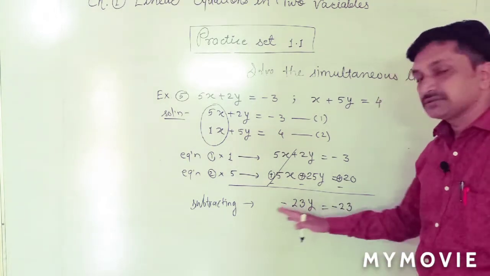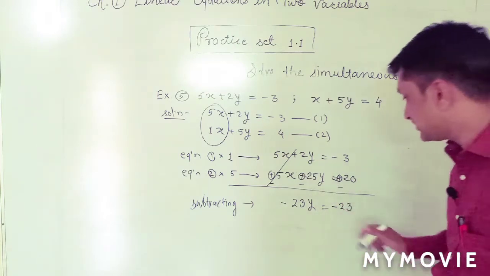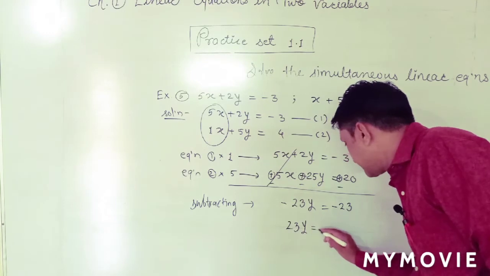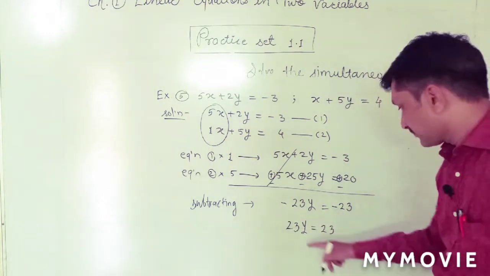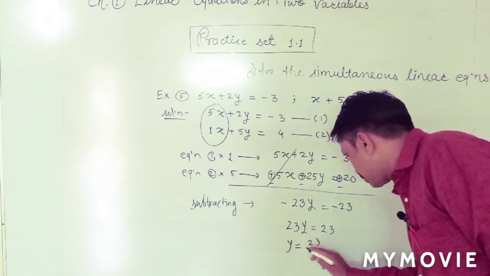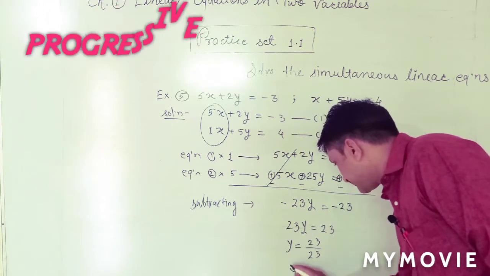At both sides there are negative signs. You remove them, you take out these signs, no need to write them as positive. 23y is equal to 23 because it is divided by minus 1. And now transferring the 23, y is equal to 23 upon 23. We got the value of y here: 1.